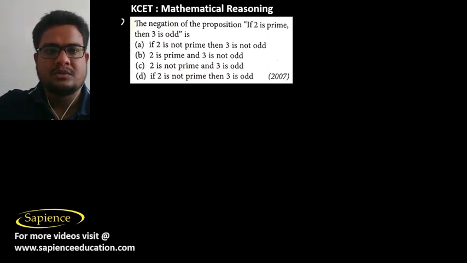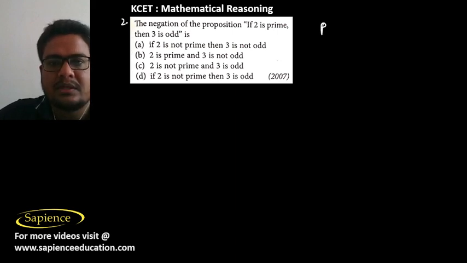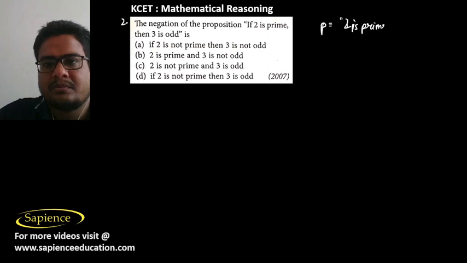Then in question number 2, it is told the negation of the proposition, if 2 is prime, then P is odd. So let us take statement P as, if 2 is prime, and statement Q as, P is odd.